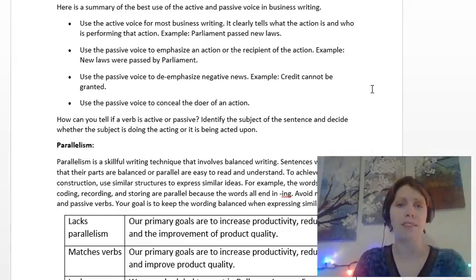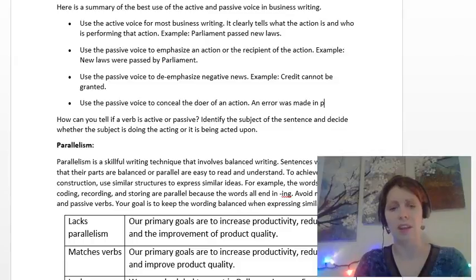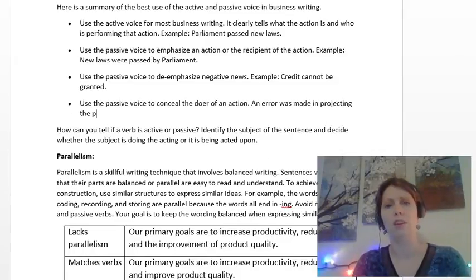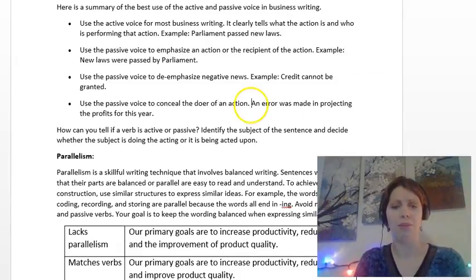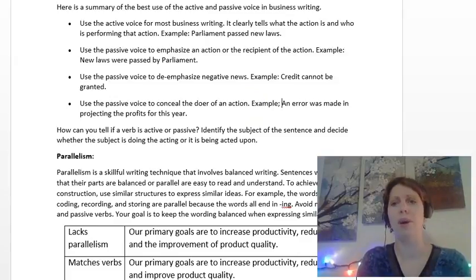And you can use the passive voice to conceal the doer of the action, like I mentioned before. Something like an error was made in projecting profits for this year. We don't know who made the error. We don't know why. Someone could inquire about this later, but it's not important. The point is an error was made and we've got to fix this.